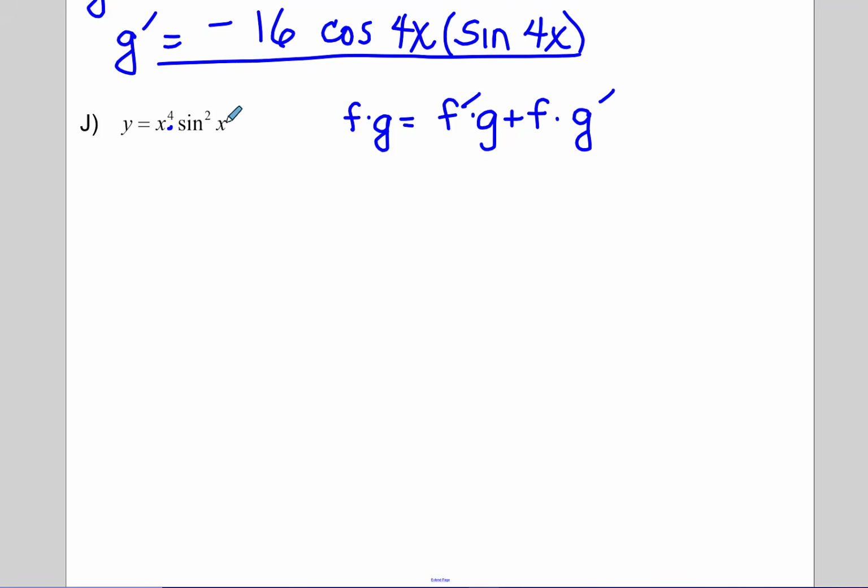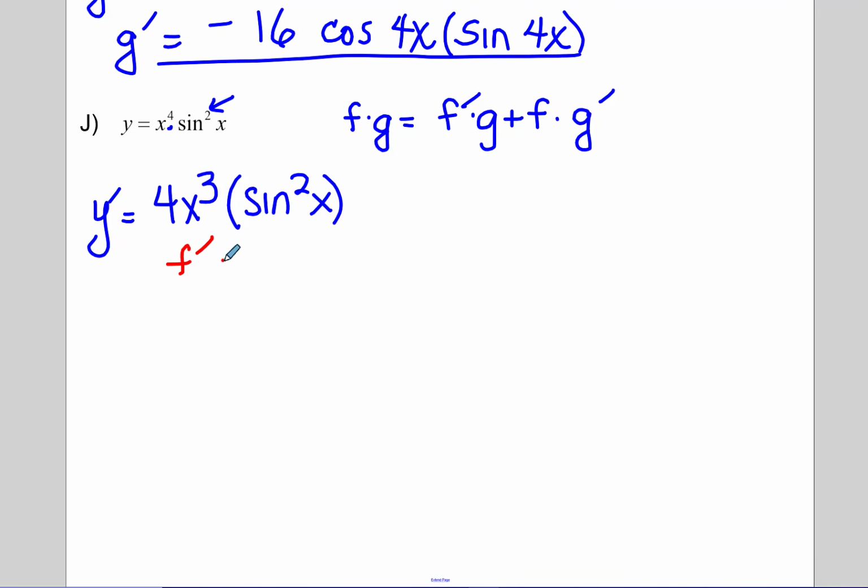This piece here is going to be a chain rule because the second function, our g function, is a composite function. Okay, so take a deep breath and let's give that a try. We've got the derivative of the first is 4x cubed, and don't touch the second function. So this is the f prime times g. Plus, we want f times g prime.